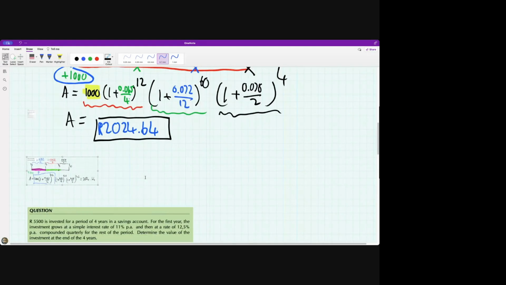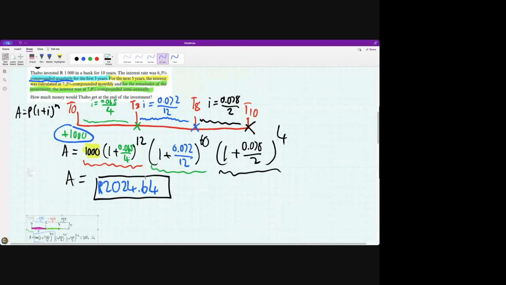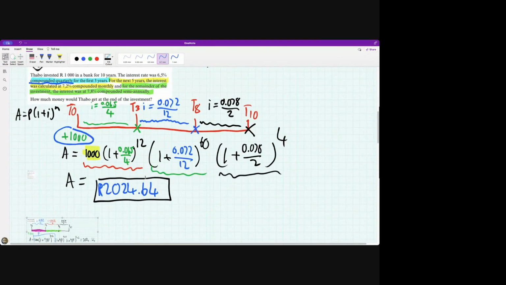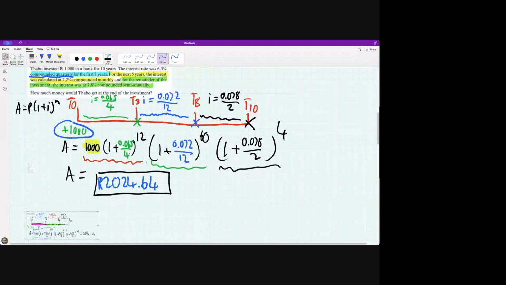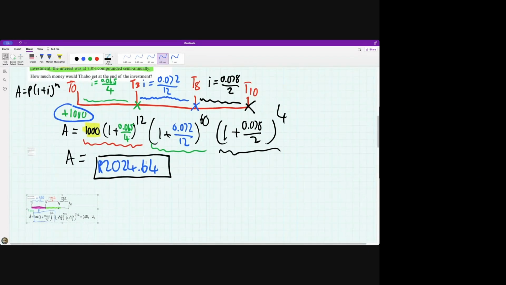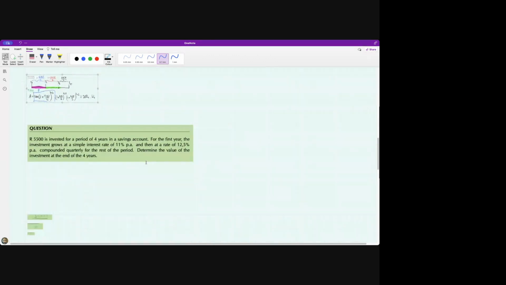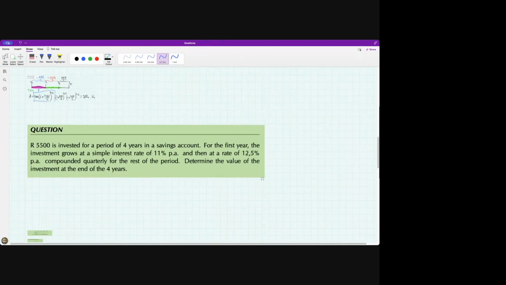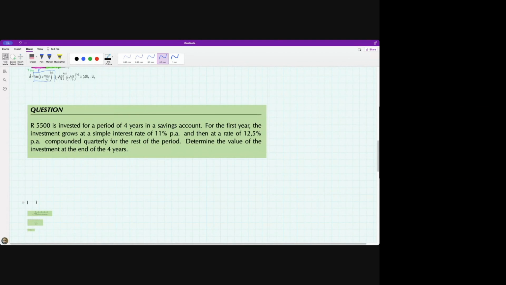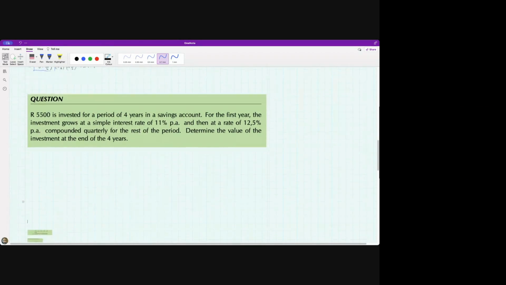Now, obviously, you can take a screenshot here if you want, or you can look at the recording later. We need to practice this. But the basic idea of setting out your timeline, putting the amount that's growing at the bottom and going through the different time periods is one that I really want to emphasize. And students who do this, they get this problem fairly easily. Okay, now, I want you to take this question and build your own timeline.